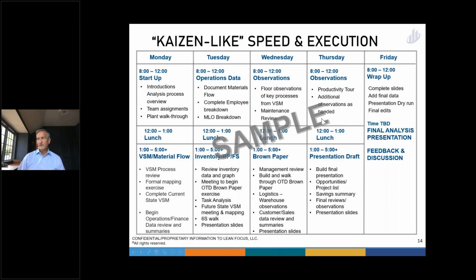Wednesday is more about observations on the floor, maybe diving in deeper to some of the key processes where we identified potential bottlenecks or quality issues. We'll have a small team go and make observations and really confirm whether there's opportunity there. We do an exercise where we go around the plant, and I'll talk more about this, and check some of those key areas and look at uptime and a maintenance review process.